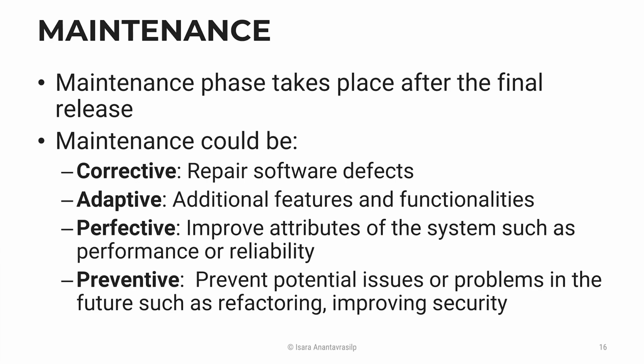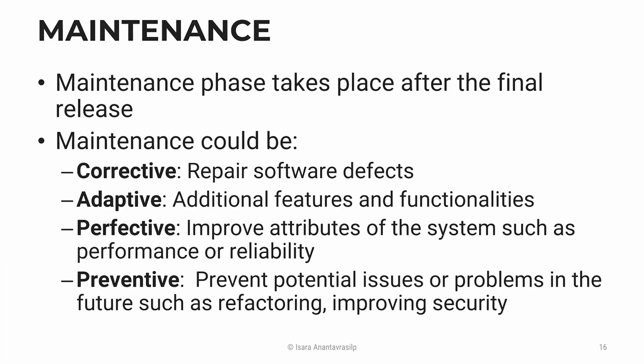The next one is the perfective maintenance. This involves the enhancements, improvements and optimizations that are not related to fixing bugs or defects or adapting to changes. This can include adding new features or improving user experience, optimizing algorithms, reliability, or scalability.